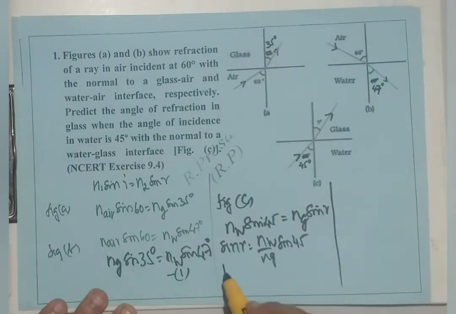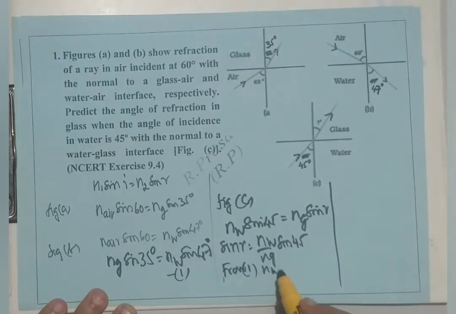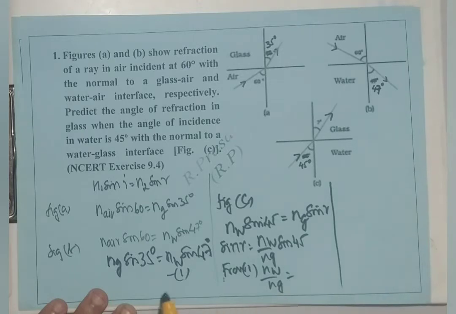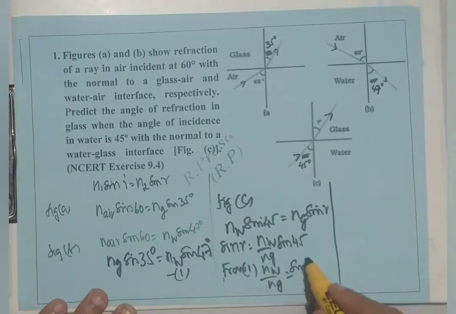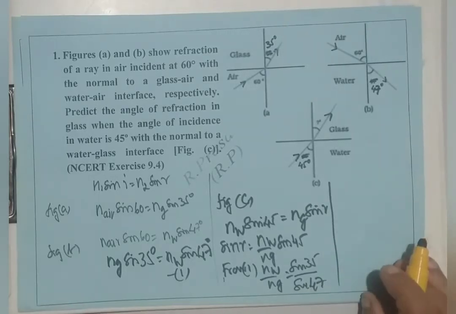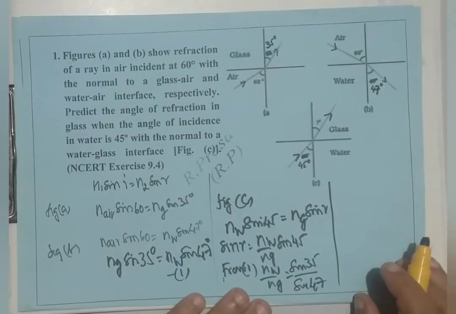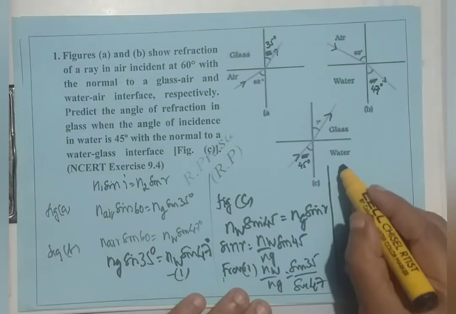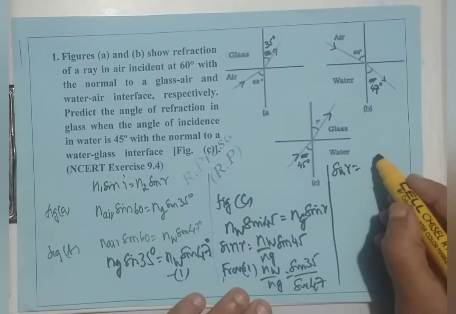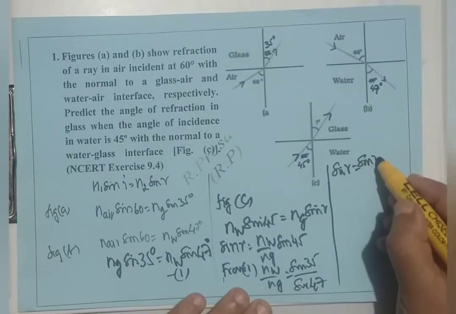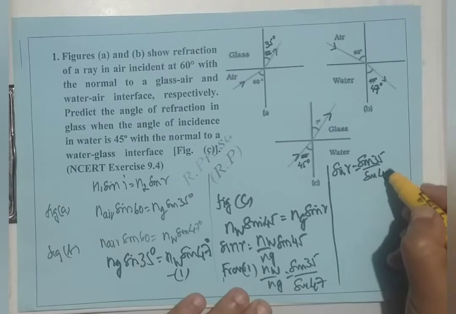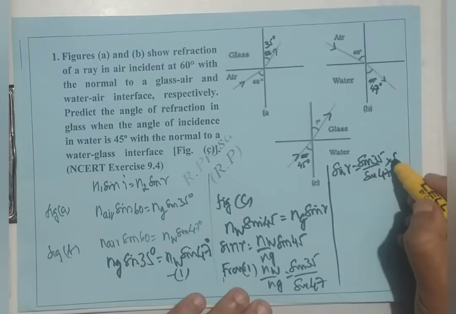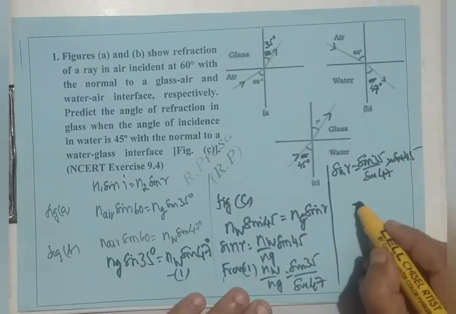But from 1, Nw by Ng can be written as sin 35 by sin 47. Substituting this back, we have sin R equals sin 35 by sin 47 into sin 45.